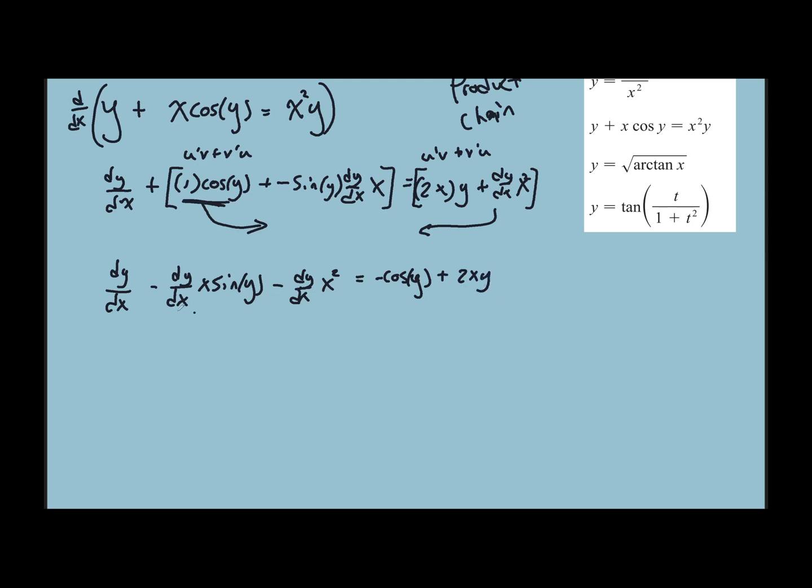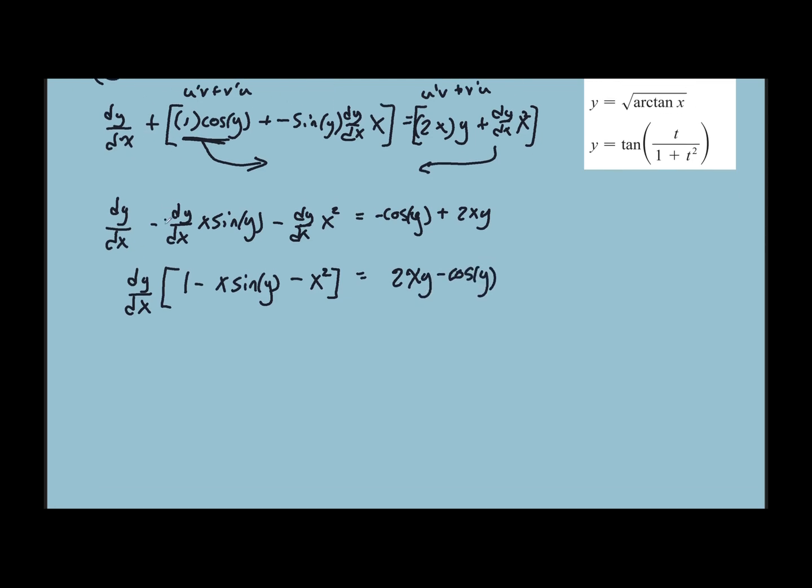So if I take a dy/dx out of this, I get a (1 - x sin y - x²) dy/dx = 2xy - cos y.